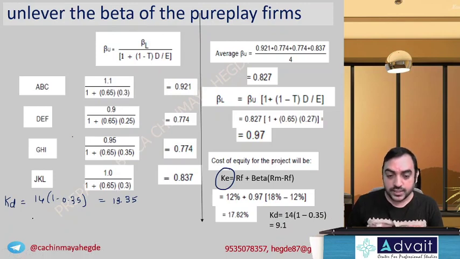Okay, then WACC, weighted average cost of capital. 9.1, yes, 9.1.